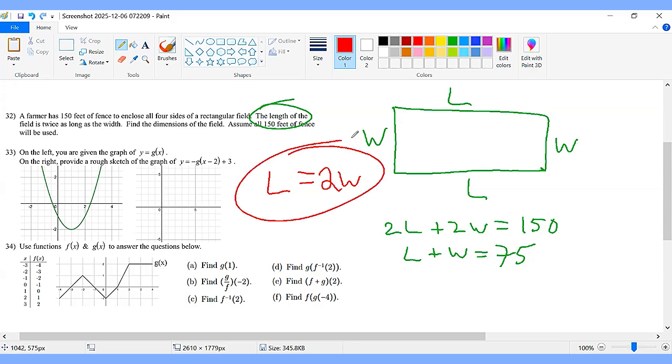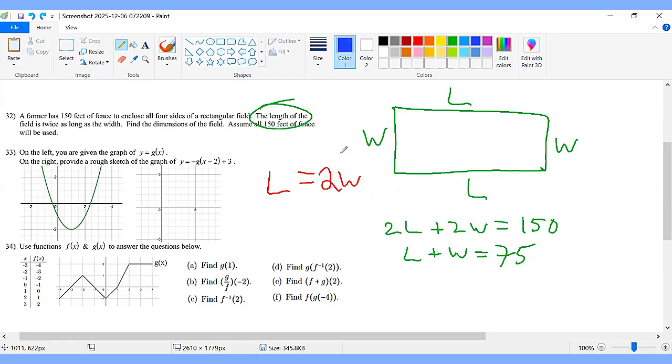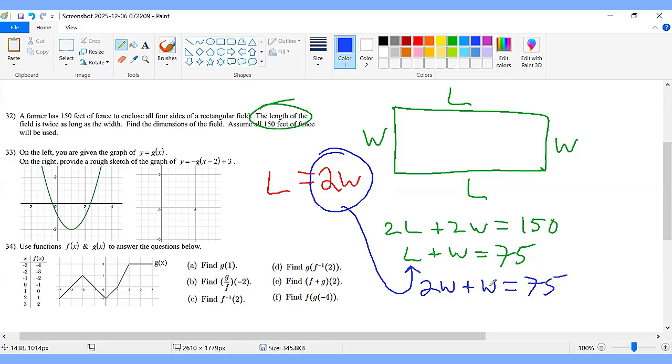We have this blue one, and then we have this blue one. So solve this however you'd like. Here is an option. Take 2w, which is L, and place it right there for L. That would say 2w plus 1w equals 75. Well, 2w's plus 1w is 3w's. 3w's equals 75.